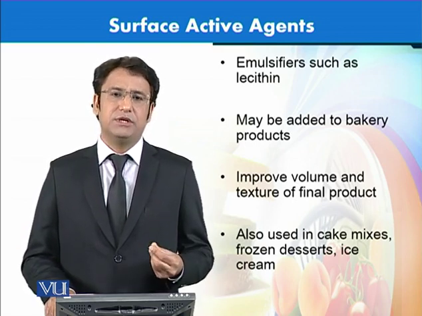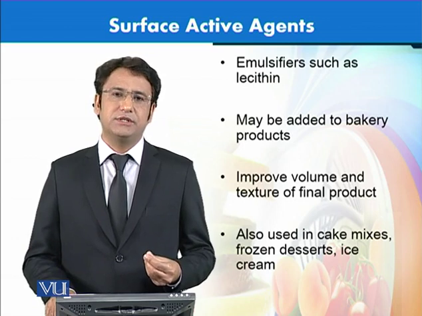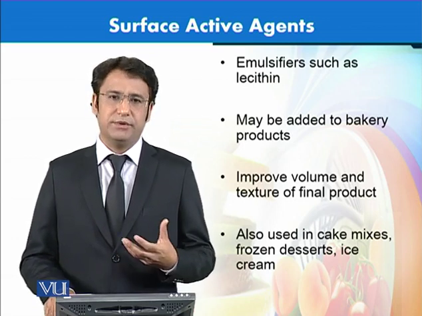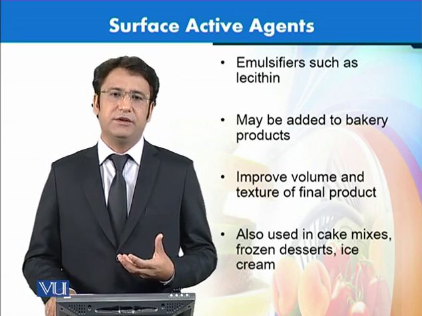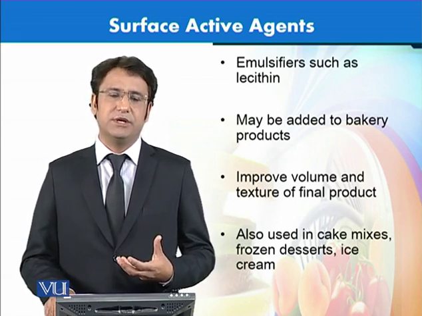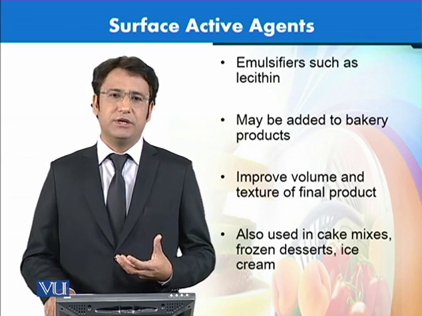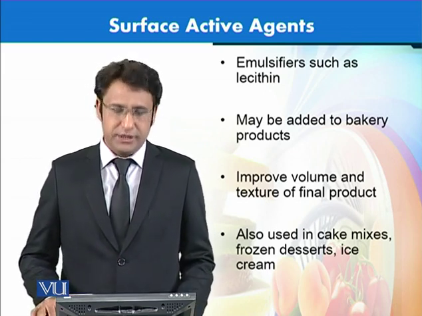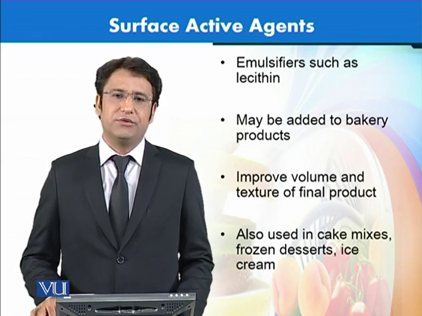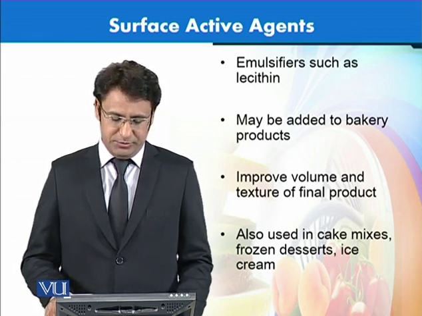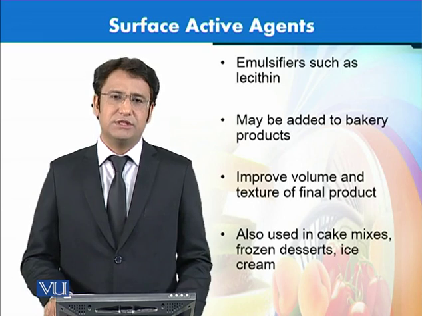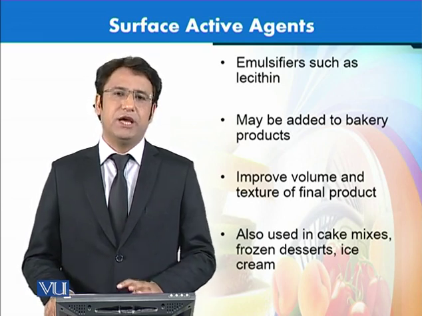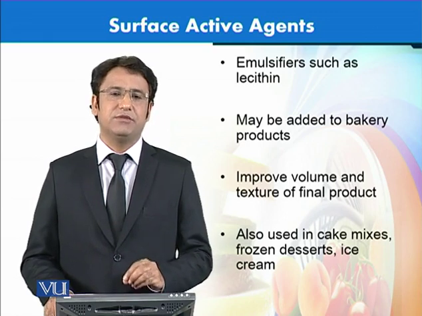They are more smooth texture products, and the volumes are better because they can be easily dispersed, and they can retain more gaseous carbon dioxide at the time of baking, so it makes them more pliable and soft. Other applications of these surfactants are in cake mixes, frozen desserts, and ice creams, etc. All these foods would have some surface active agent added.